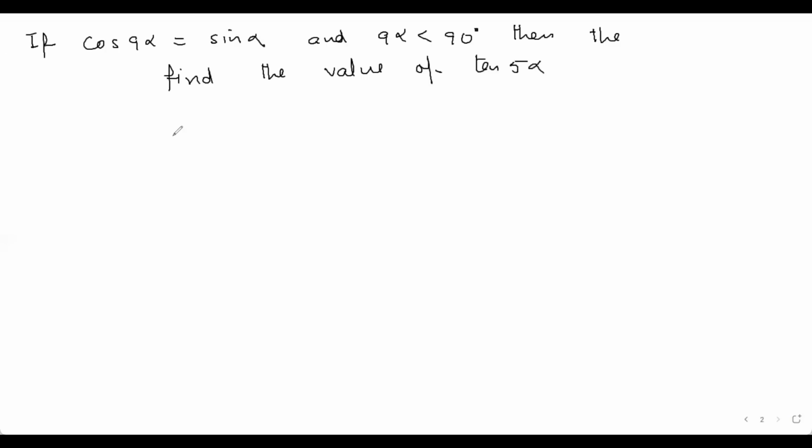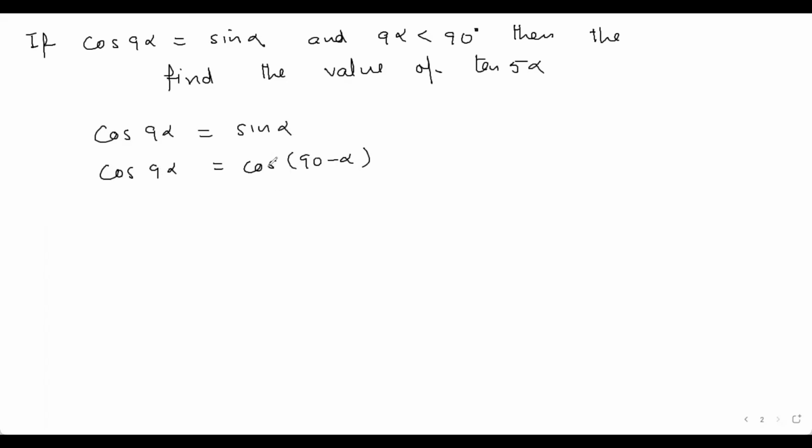Now I am going to solve 7th sum of exercise 8.1 of exemplar. If cos 9 alpha is equal to sin alpha and 9 alpha is less than 90 degree, then find the value of tan 5 alpha. Now cos 9 alpha is equal to sin alpha. Cos 9 alpha, this can be written as cos (90 minus alpha).